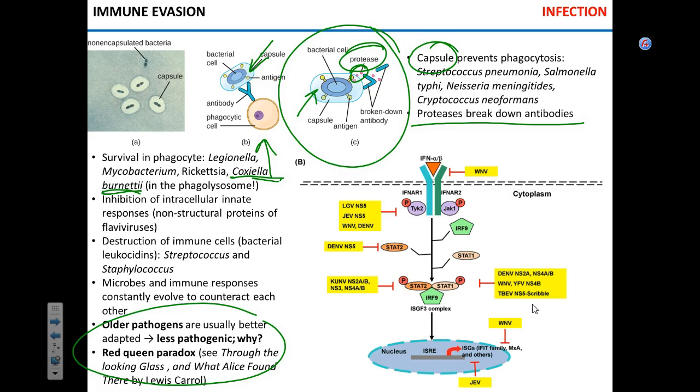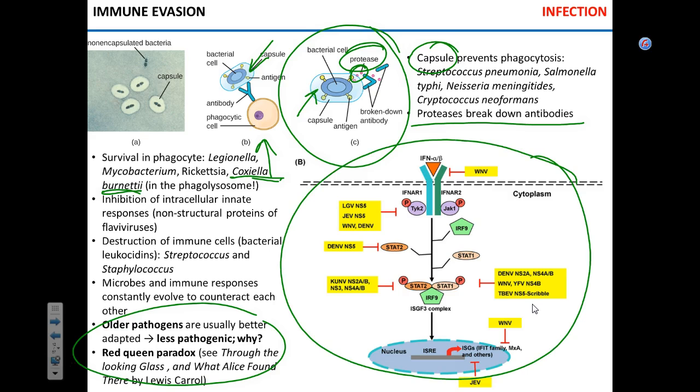Now, with viruses, it's a little bit harder, and not harder. They are inside of the cell. Okay? So they stimulate a lot of intracellular immune responses. And, of course, they can inhibit various steps of intracellular responses. Have you heard about interferons?